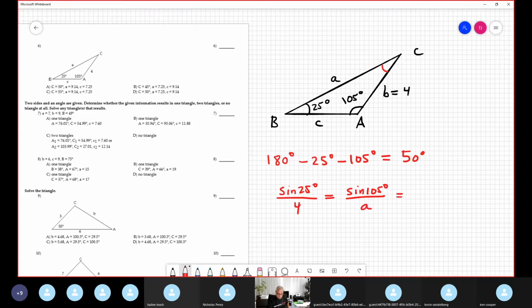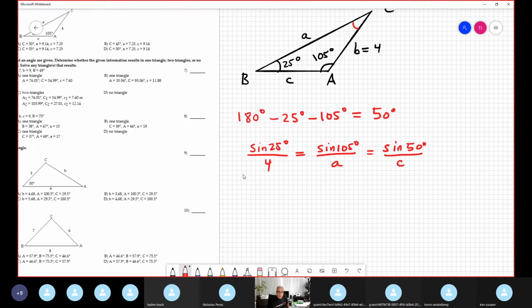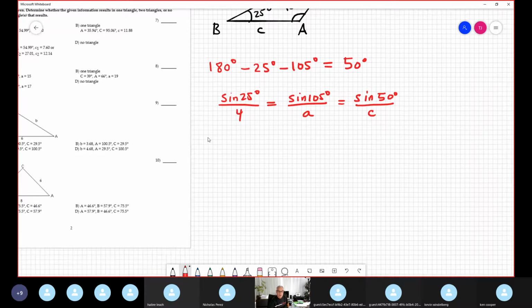And also sine 50 degrees divided by C. So I isolate, for example, the A part. A is equal to, cross multiplying, 4 times sine 105 degrees divided by sine 25.